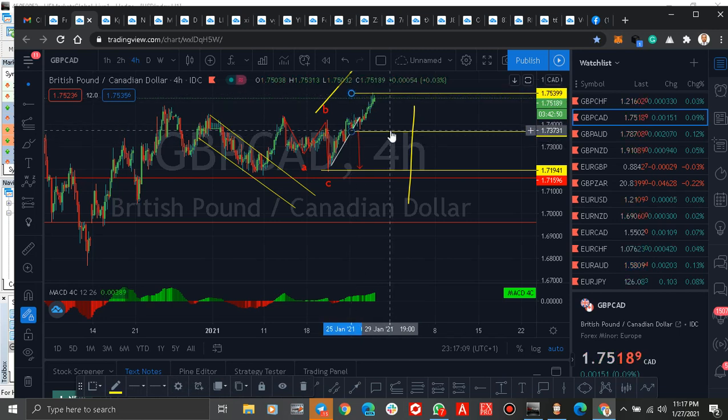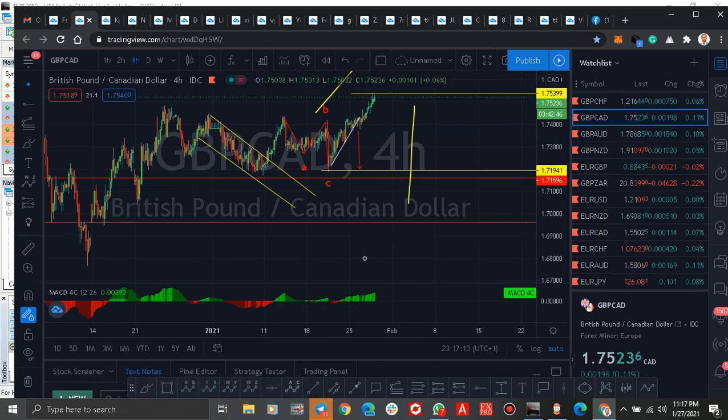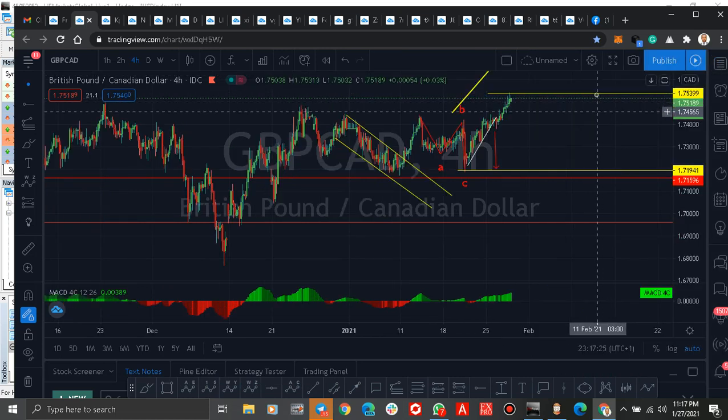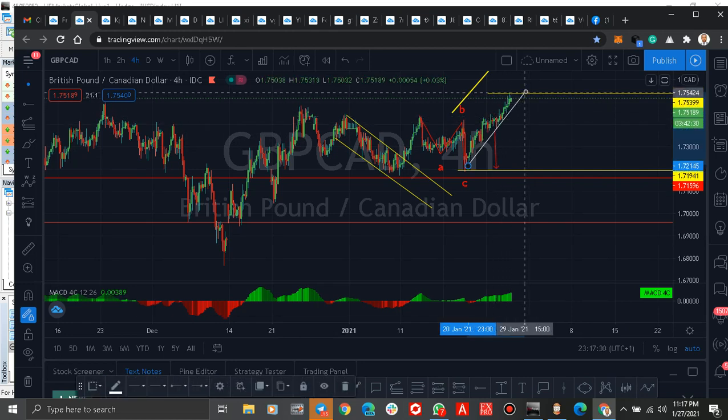So I have no sell setup right now. I won't put a sell stop or a buy stop because I don't have any strategy. Though I am expecting a sell market, but it has not matured.